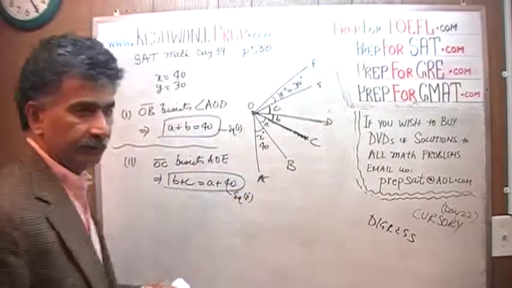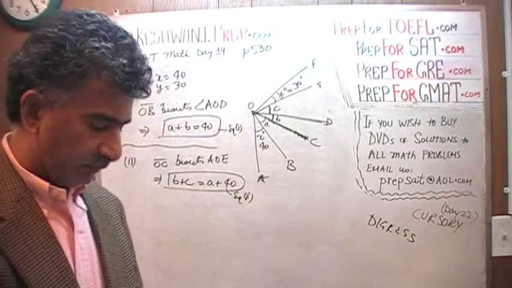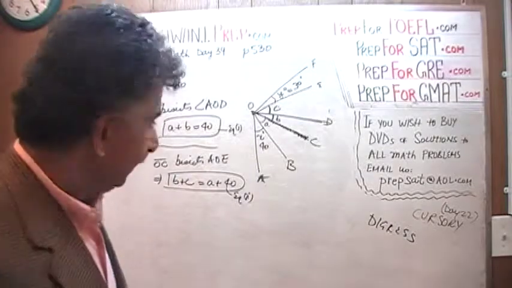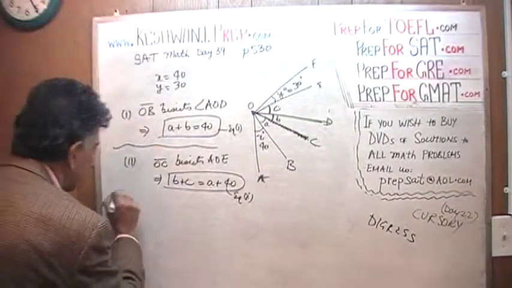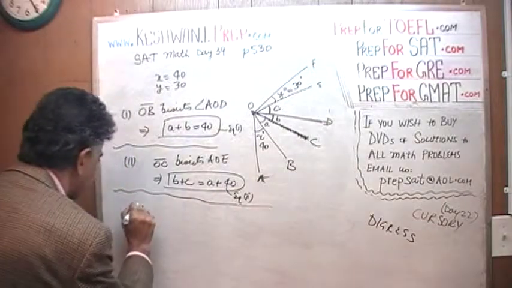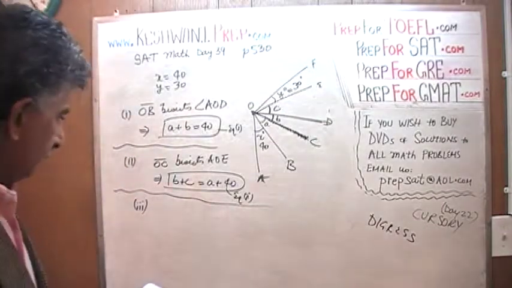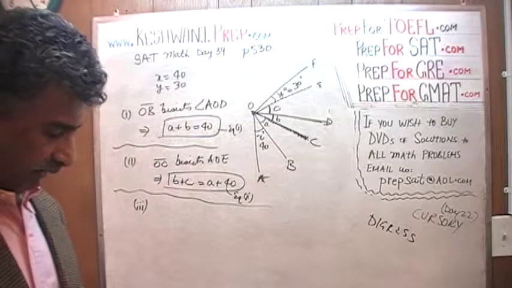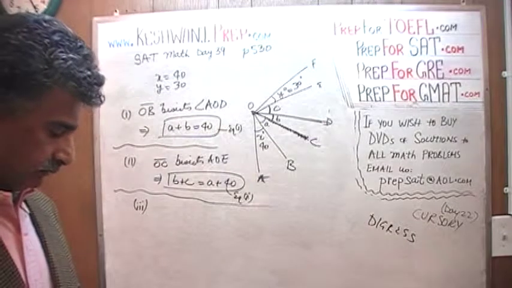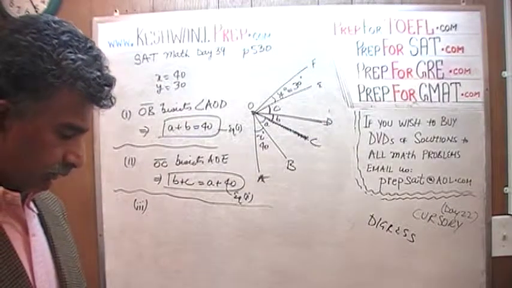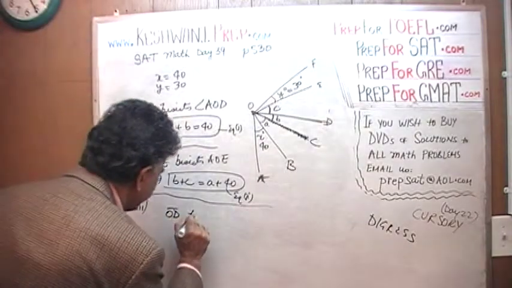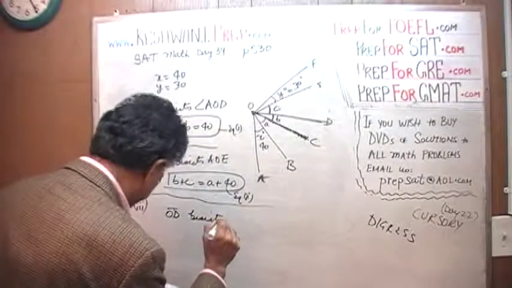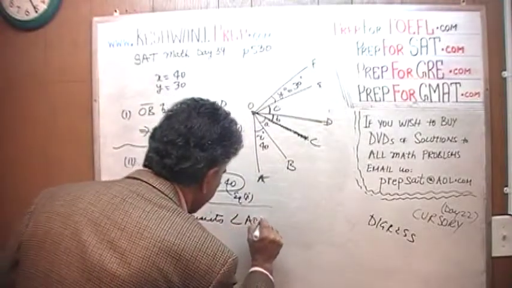As I told you before, this is not a straightforward problem. This requires some thinking. Finally, they give us the biggest one, for which I left no room at all. I hate doing it way down there, because that's our payoff, and I left no room for it. We are told that OD bisects angle AOF.